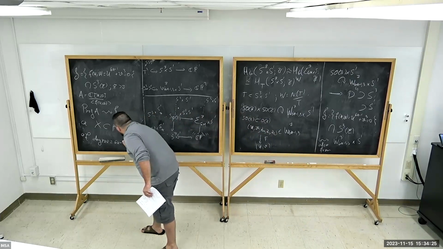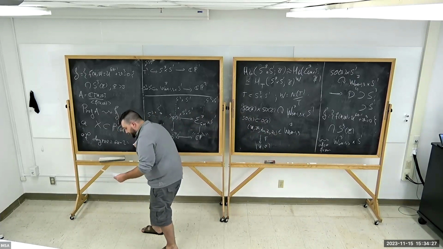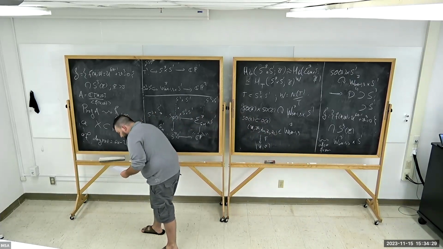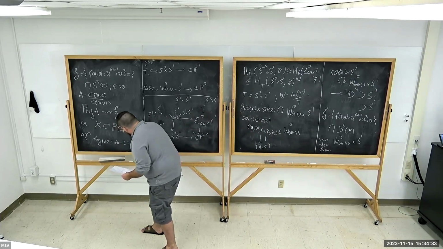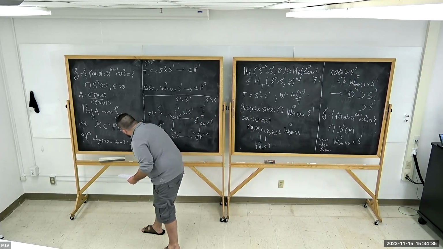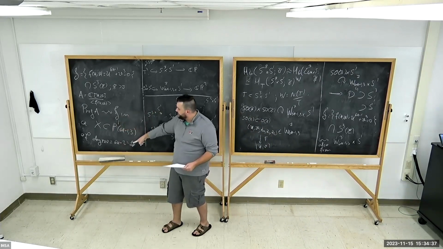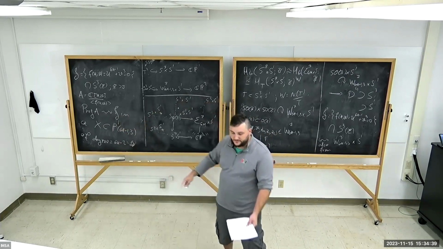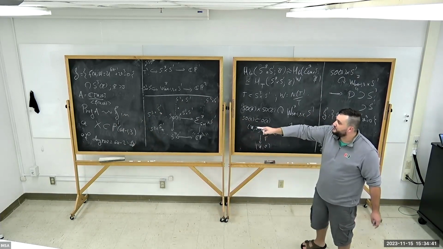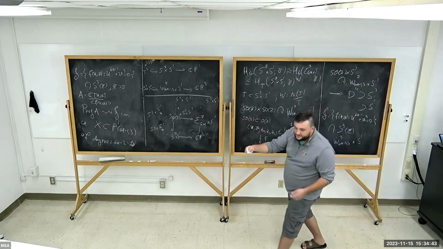Yeah, 6k minus 2, that's precisely the genus of the variety. The degree of your variety here is just the genus of your torus knot. And then you get your manifold.